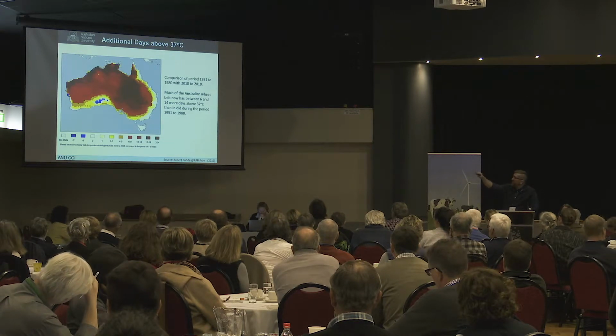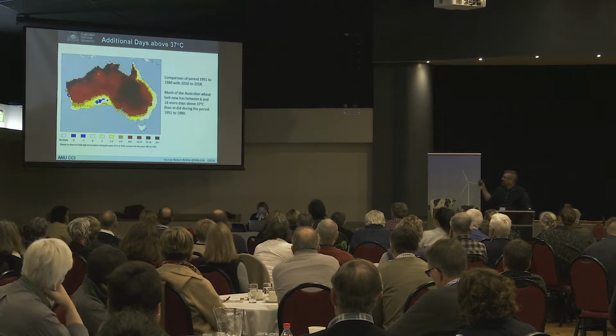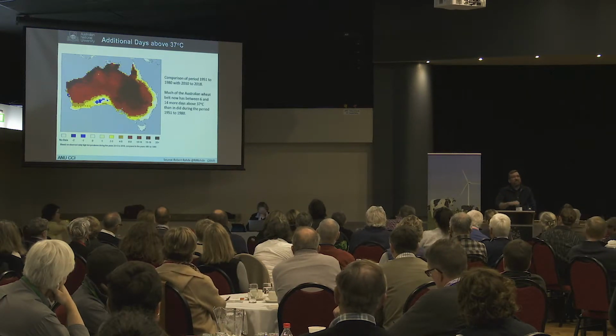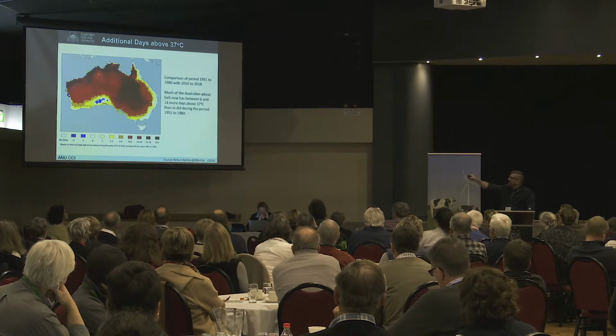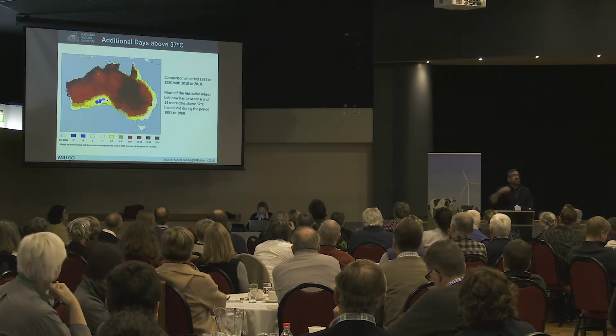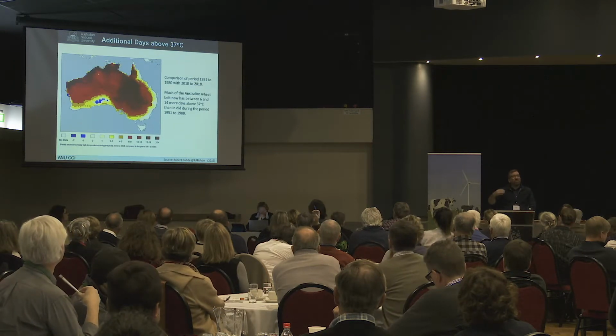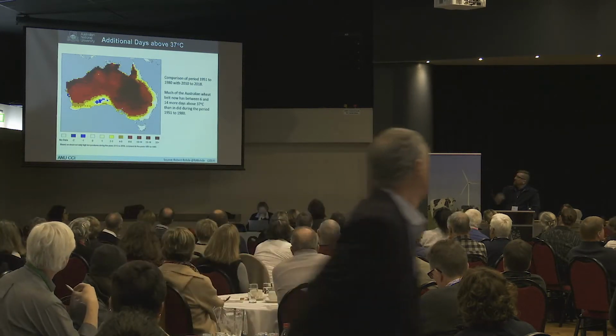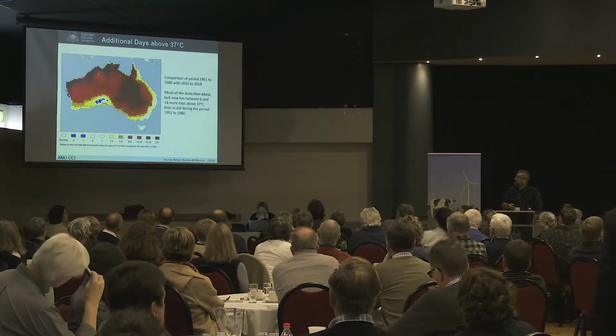If we look at the Australian wheat belt, that figure is an additional 6 to 14 days above 37. And in some of those really dark areas, the number of days above 37 has increased to above 20. So 20 more days above 37 degrees in the more recent period compared to the earlier period.